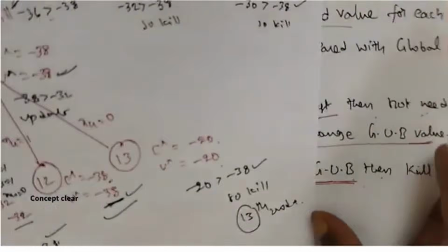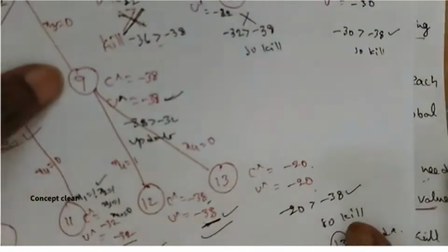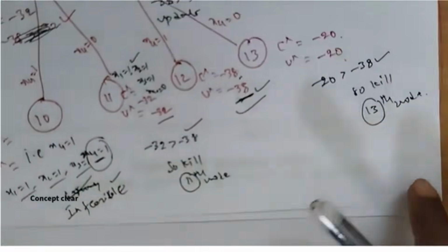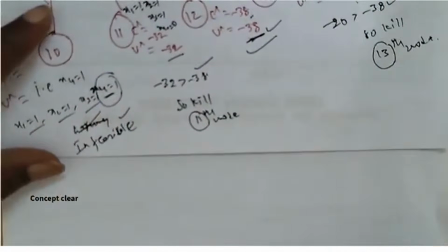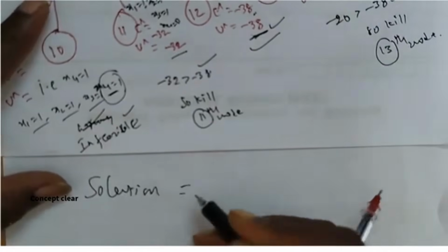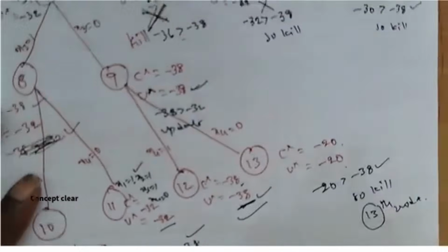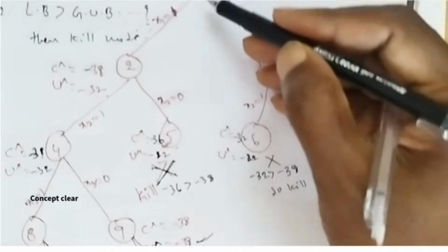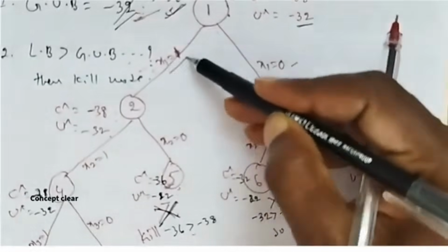So what is the solution for this one? So the solution is 1. Why is it 1? Check here, x1 equals 1.